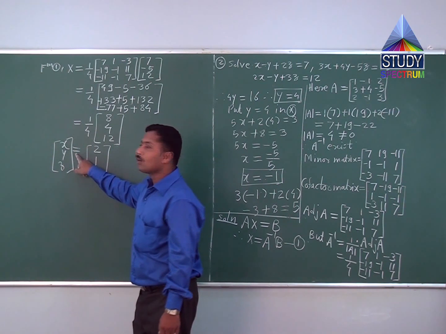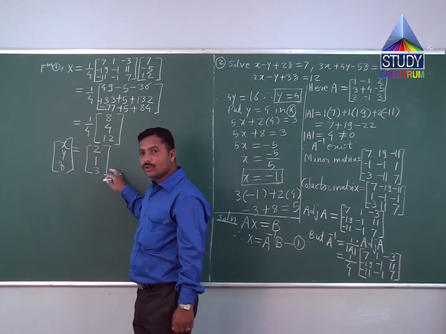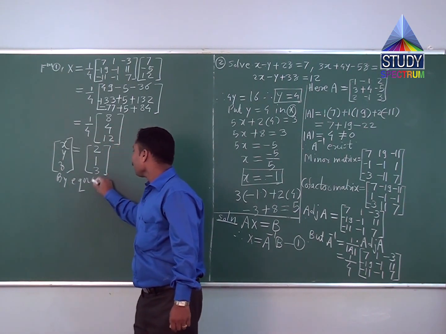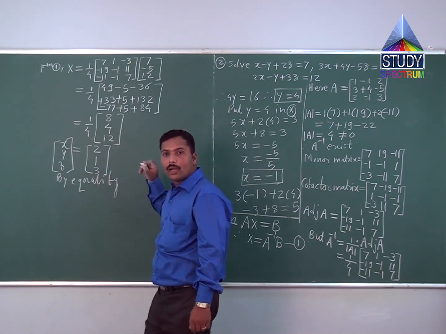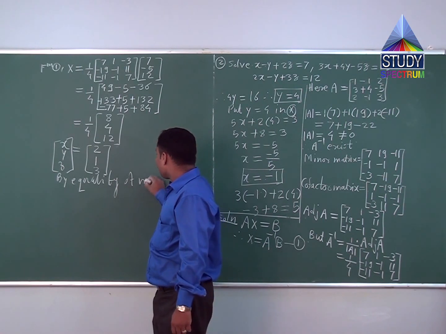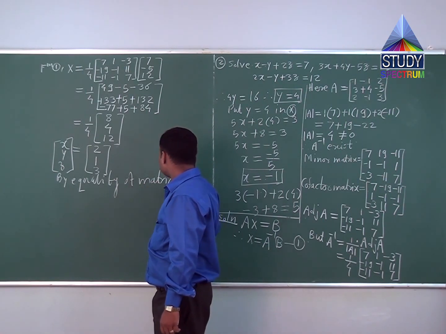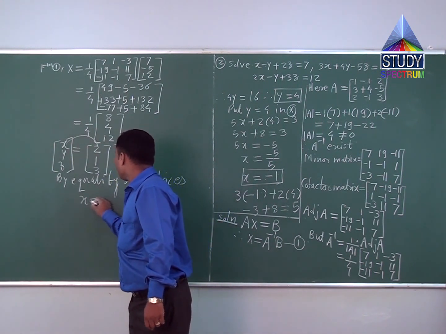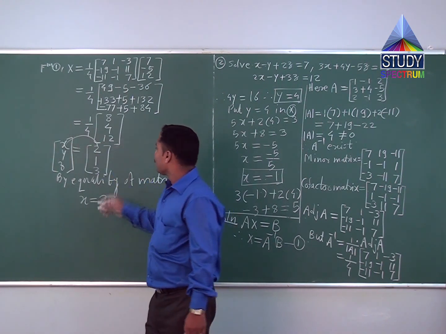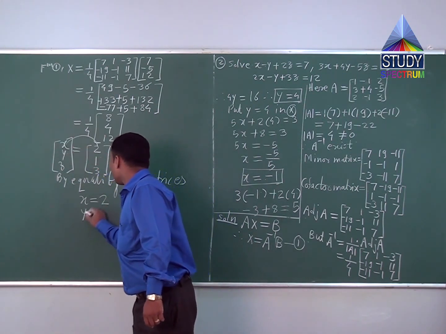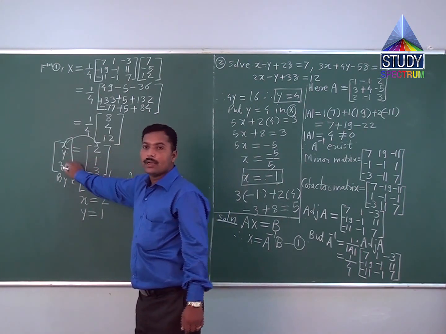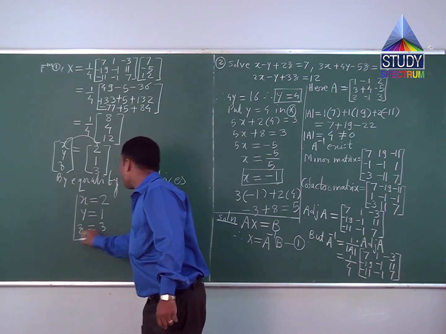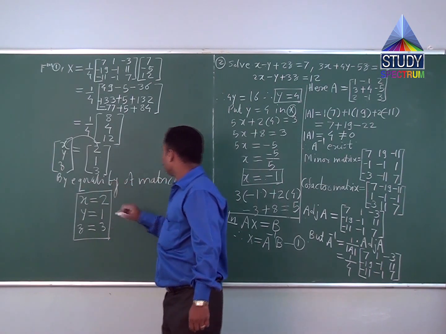And x means our matrix x, y, z. Here is the equal sign, so this matrix equals this matrix. So by equality of matrices, x equal to 2, y equal to 1, and z equal to 3.